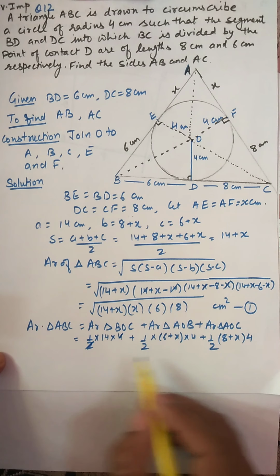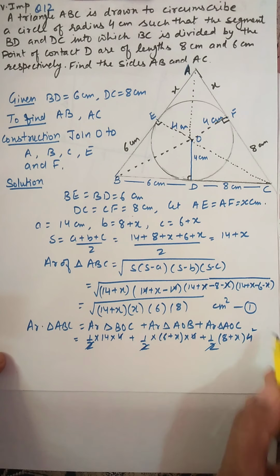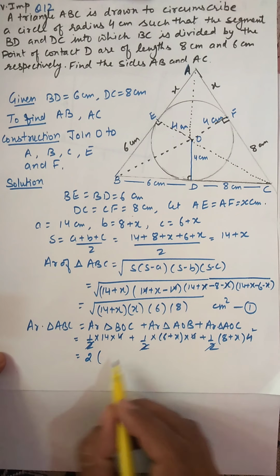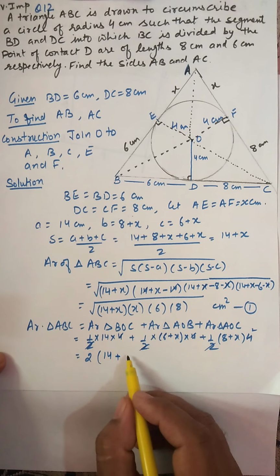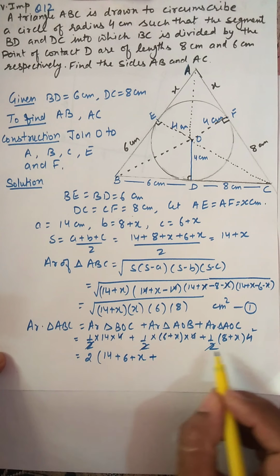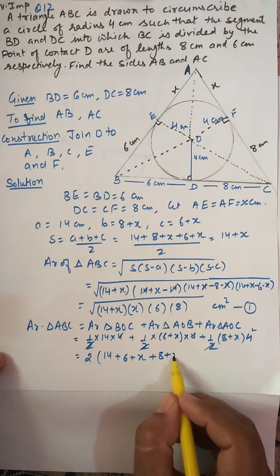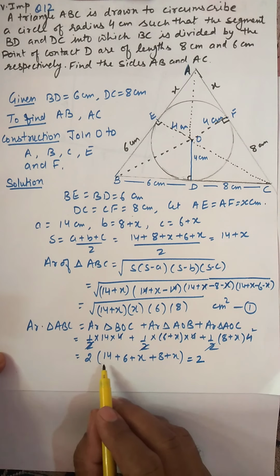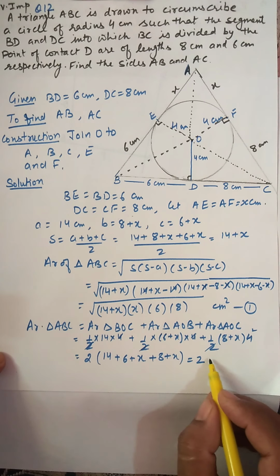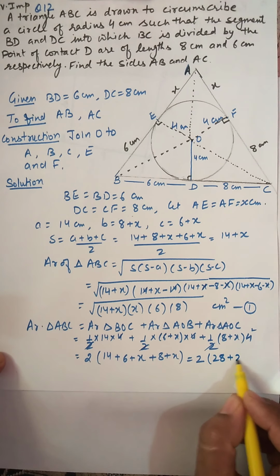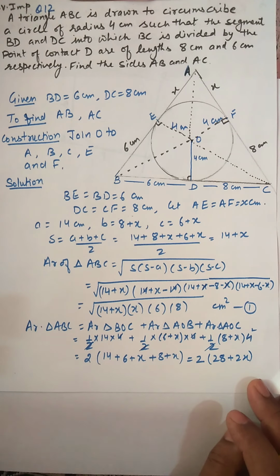So you can see this cancels, this cancels, so 1 by 2 can be taken out common. So this is 14, from here this is 6 plus x, and from here this is 8 plus x. So this can be 14 plus 6 plus 8 plus 2x, and this is also your area.